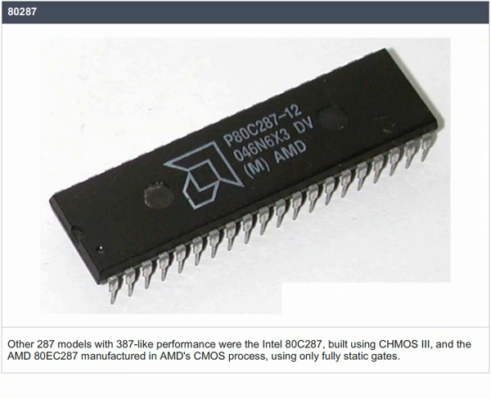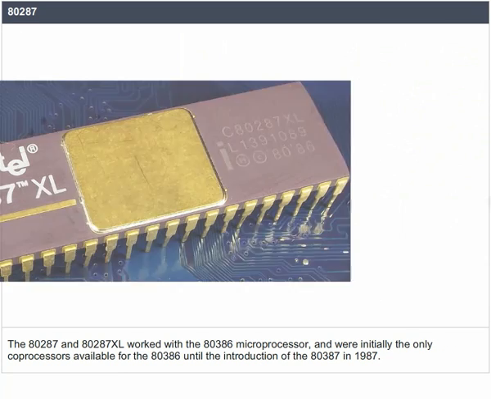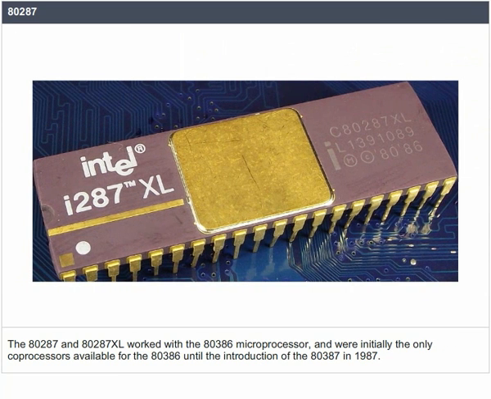The 80287 and 80287XL worked with the 80386 microprocessor and were initially the only coprocessors available for the 80386 until the introduction of the 80387 in 1987. 80387.